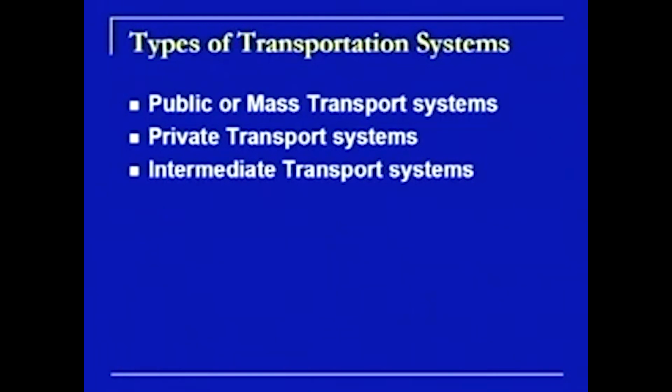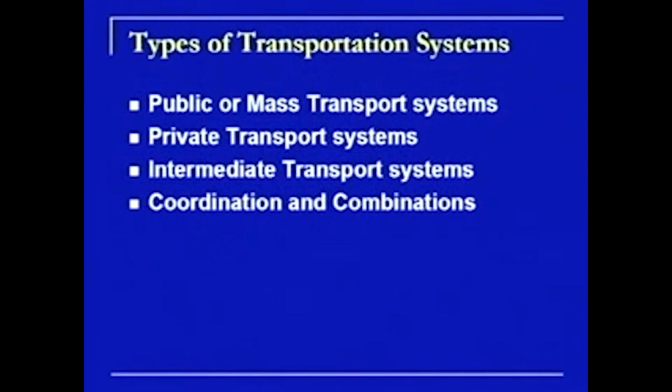In the case of the intermediate transport system, the vehicle is not being owned by you, but it is being used by you for a certain period of time. I am talking here about systems like taxis. The taxis are not being owned by the person who is utilizing that service. So, that falls within the intermediate transport system.